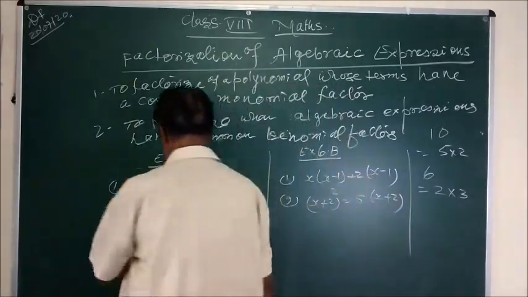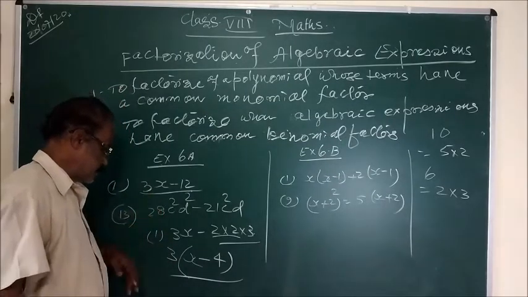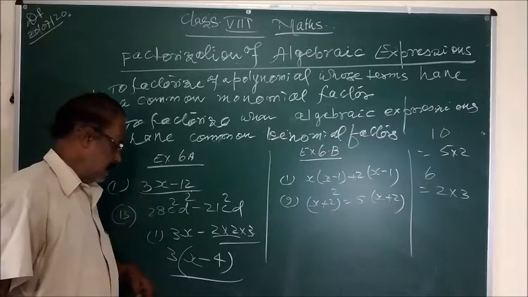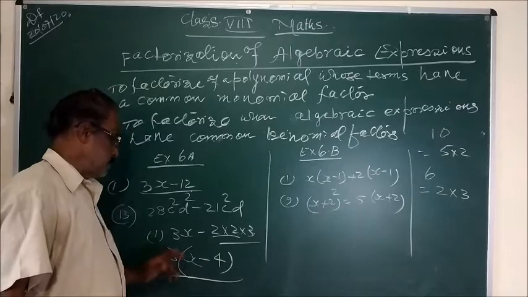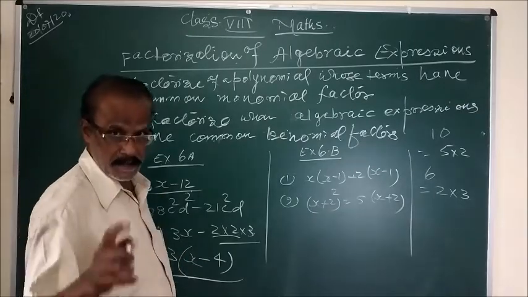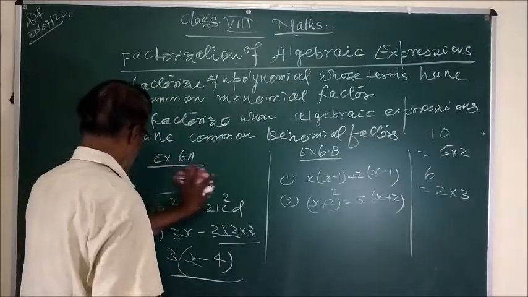Now you can understand this example. So 3 is a factor and other factor is x minus 4. So these are the two factors by which 3x minus 12 is divisible. So this is the factorization of question 1.